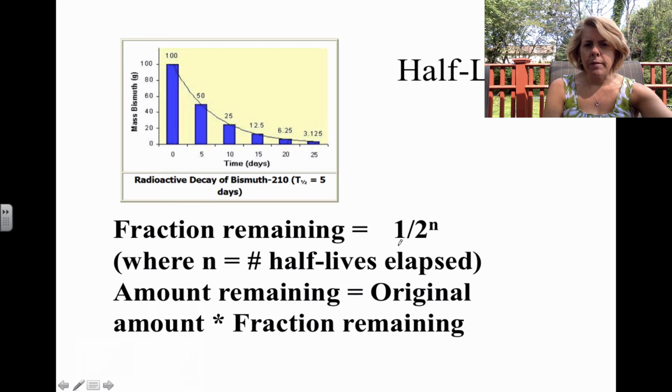So please remember that. With this equation, 1 over 2 to the nth power, so if we waited for 3 half-lives, we would essentially have 1/2 to the 3rd power, which is essentially 1 over 8. So we have 1/8 of the original material left.